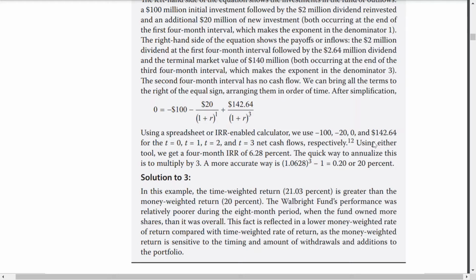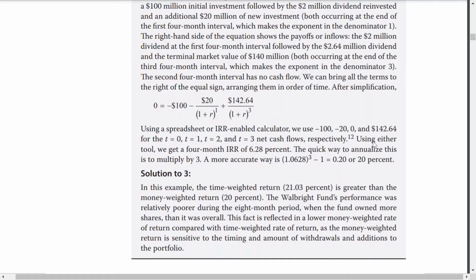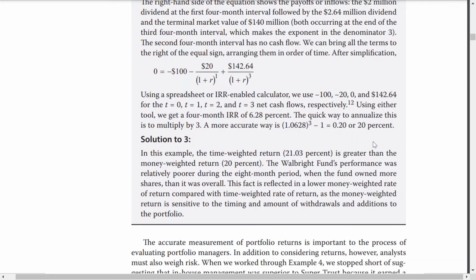The second 4-month interval has no cash flow. We can bring all the terms to the right of the equal sign, arranging them in order of time, and after the specifications, using the spreadsheet of an IRR-enabled calculator, we use this, which gives us 20%.